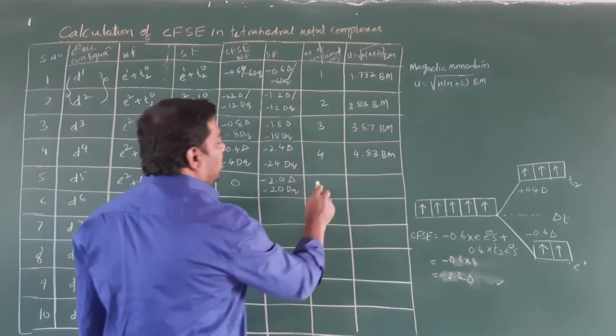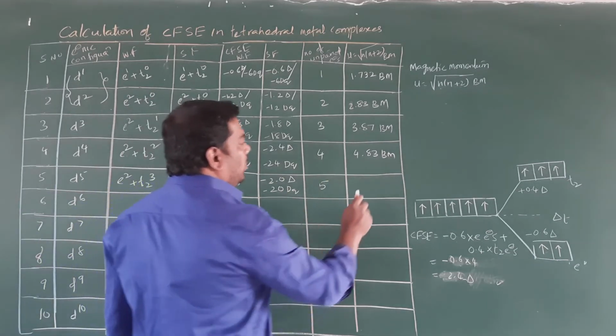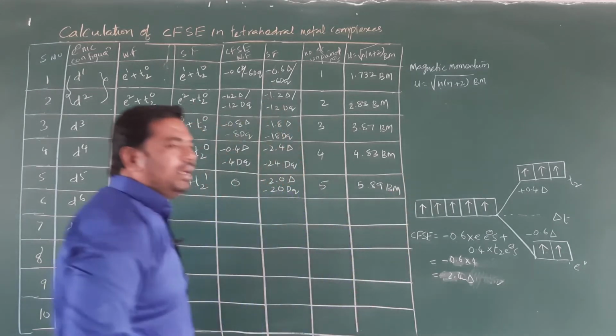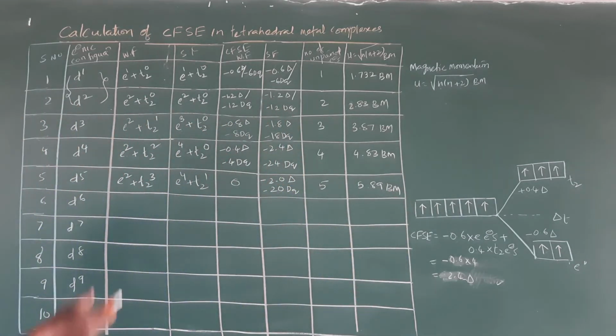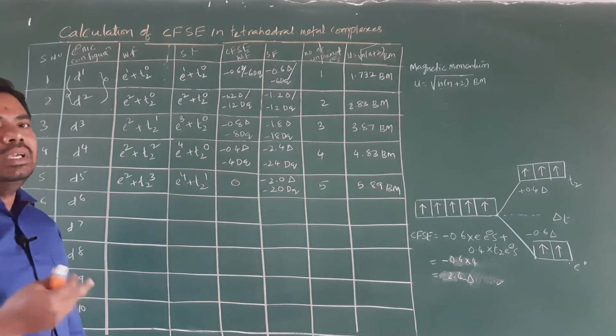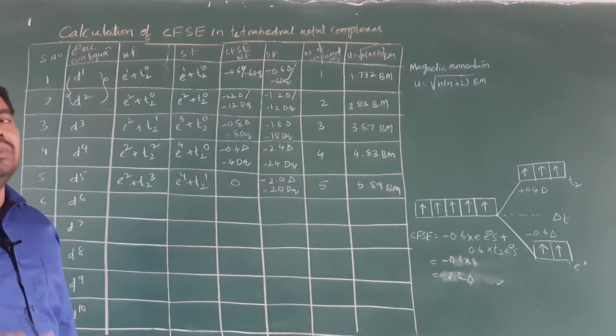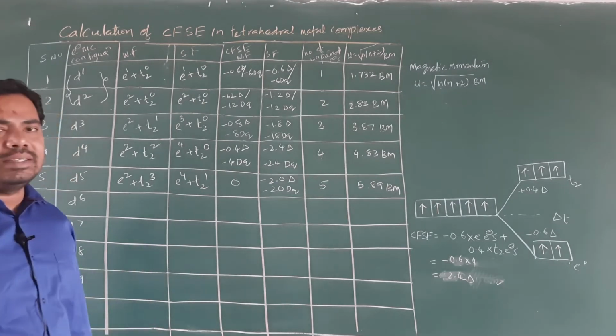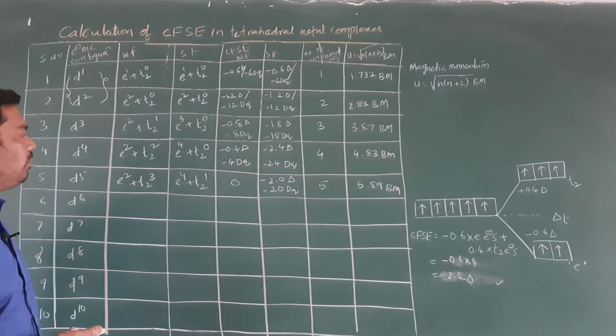Okay, so the number of unpaired electrons is 5, so the magnetic moment value is 5.89 Bohr magneton. So the Bohr magneton value increases with the increasing number of unpaired electrons. Clear?